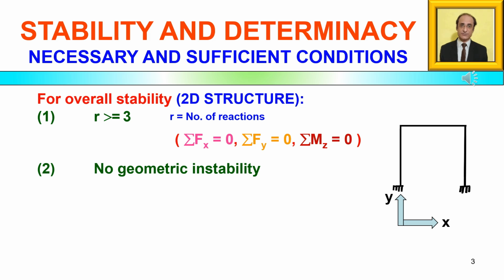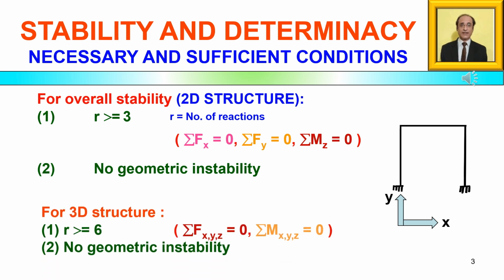For a 3D structure, the minimum number of reactions is 6, because the structure must satisfy now 3 force equilibrium conditions along x, y and z axis, and 3 moment equilibrium conditions along the 3 axes. In addition, the structure should not have any geometric instability.